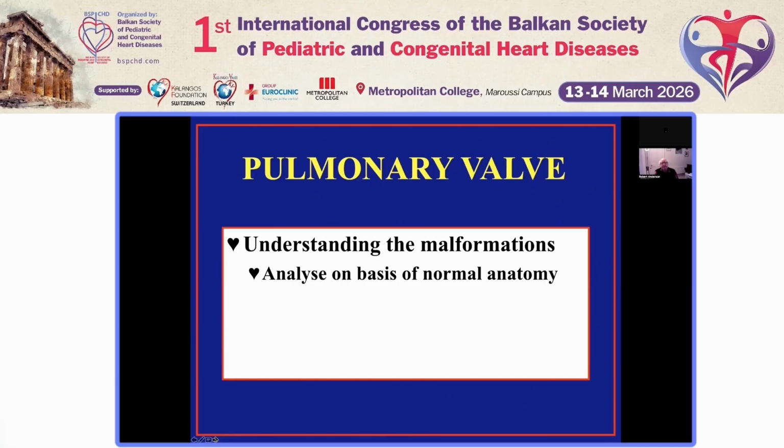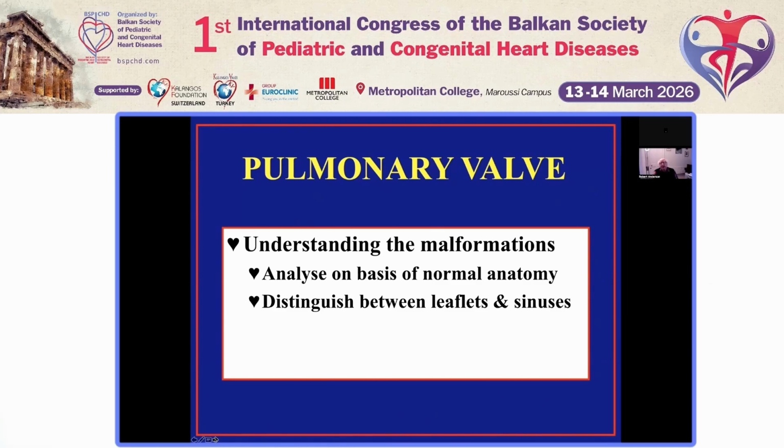So hopefully, ladies and gentlemen, I have shown you that with all the valves, if we are to understand the malformations, first of all, we need to understand the normal anatomy. And that is just as important for the pulmonary valve as it was for the aortic, tricuspid, and mitral valves.